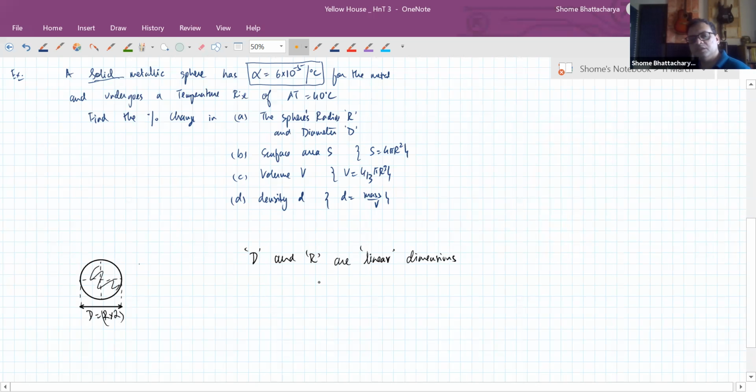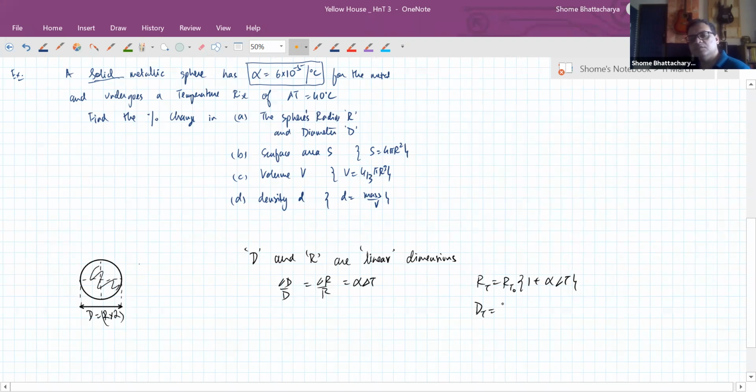Okay, so their behavior with temperature will be like this. So r at some temperature t will be r at temperature t naught into (1 plus alpha delta t).